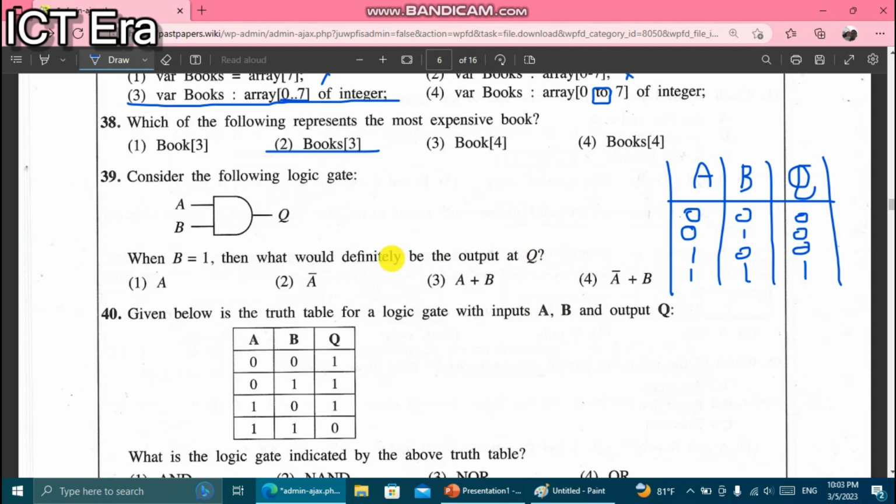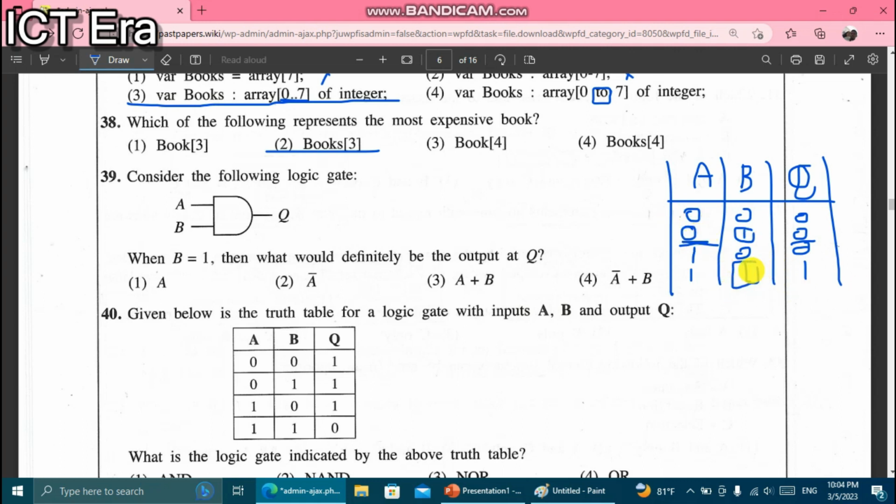Then what would definitely be the output when B equals 1? Now in here you can see in this instance also B equals 1, and this instance also B equals 1. When B equals 1, in the first case Q equals 0. In the second case Q equals 1. Now when we compare with A, you can see in the first case when B equals 1, the result will be 0, which equals A's input.